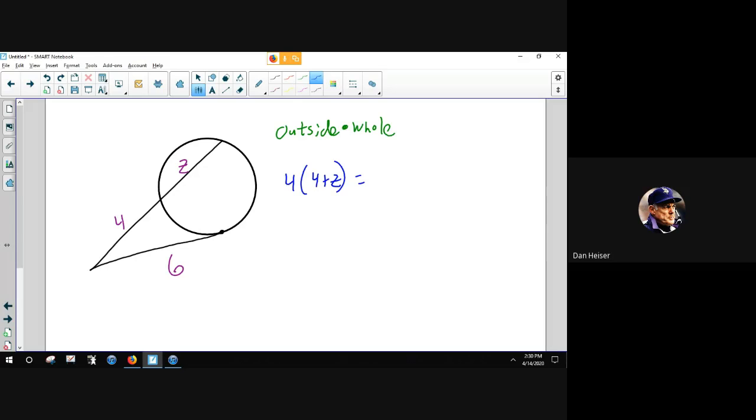On the other side, the tangent, you would call the tangent, is both outside and whole. So we multiply that by itself, square it. A little bit of algebra. And we can reduce this down to the value of 5.